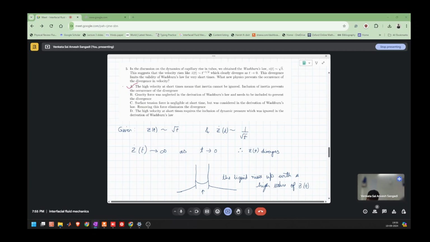Gravity force was neglected in the derivation of Washburn's law and needs to be included to prevent the divergence. Okay, this is not the case. Gravity is indeed included.